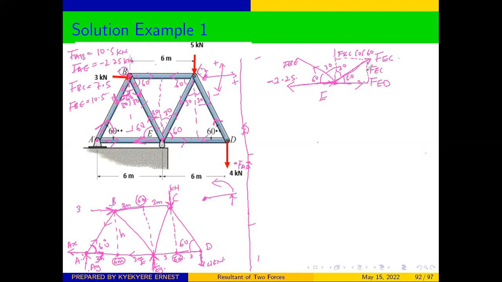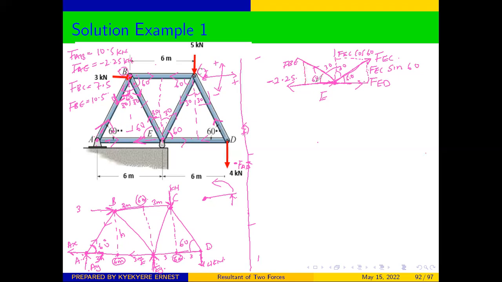It is opposite to our angle. We are going to get sine 60. And then we also resolve the one going in this direction.